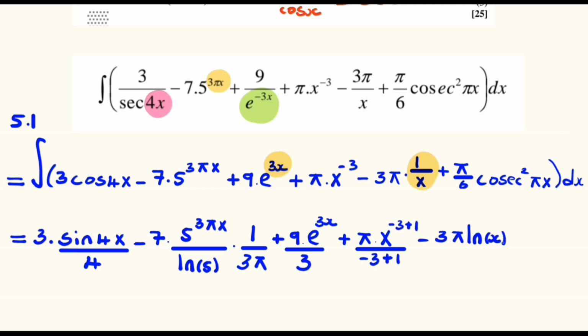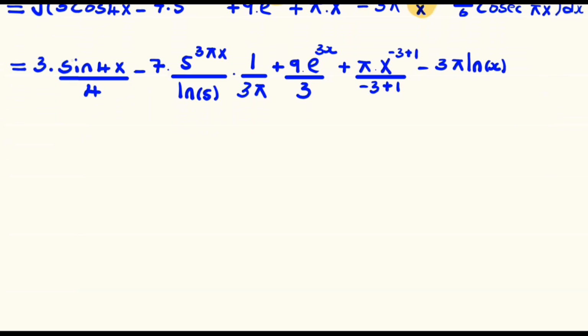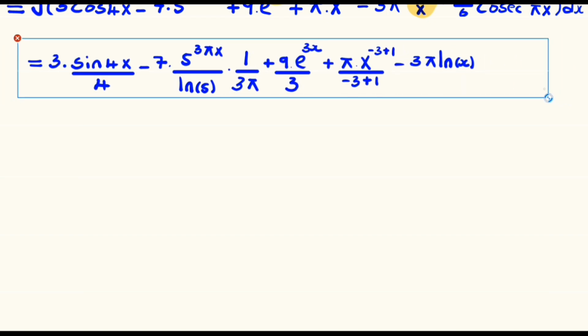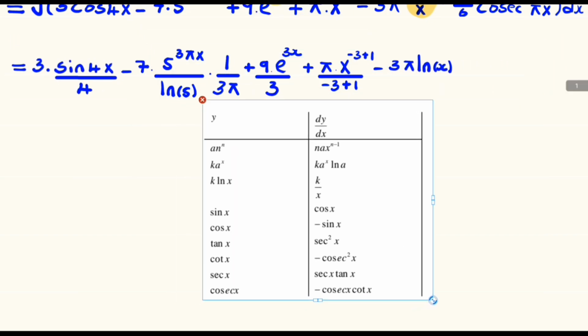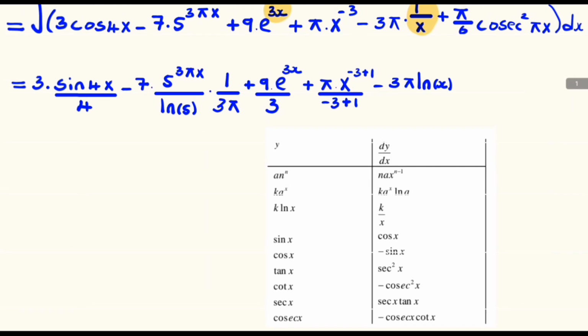The formula is available in the formula sheet, but it's available in reverse, since integration is the reverse of differentiation. Now we evaluate the integral of the cosec squared x, which is equal to the negative cot x. So integration is the reverse of differentiation.